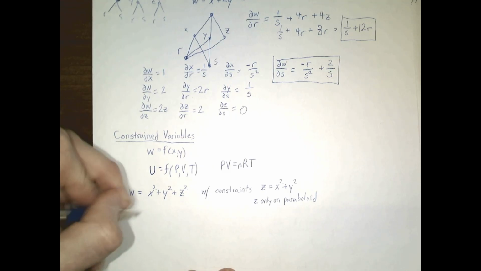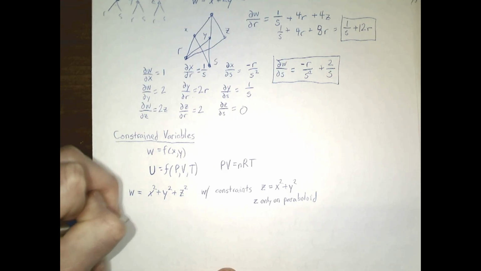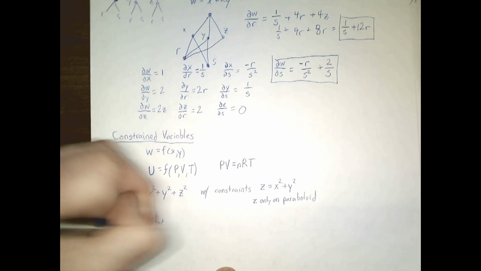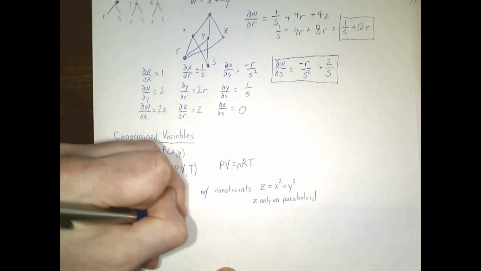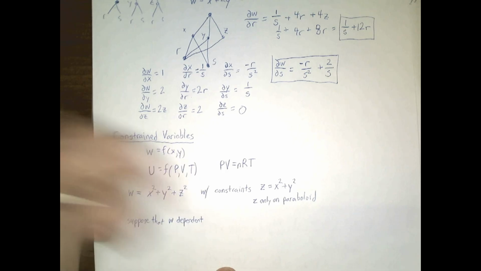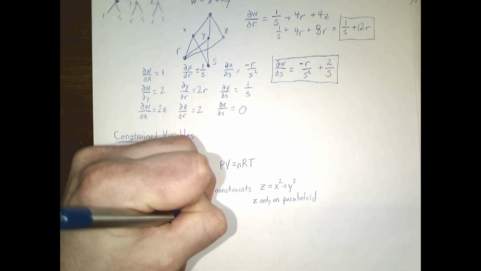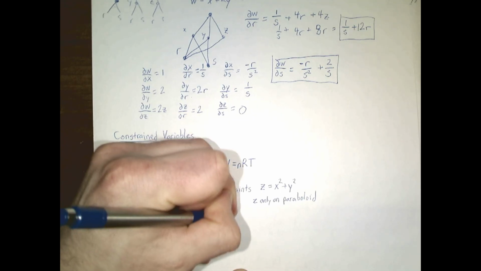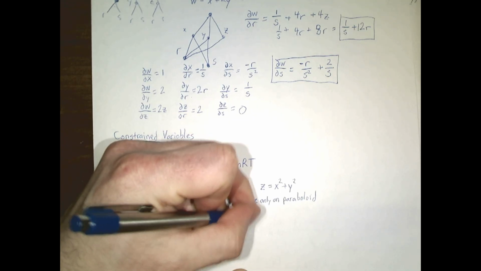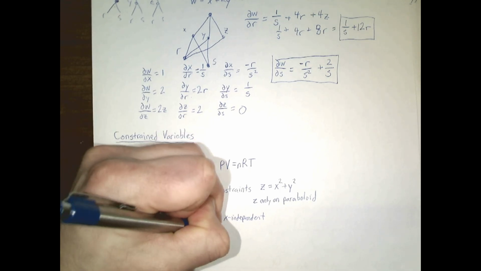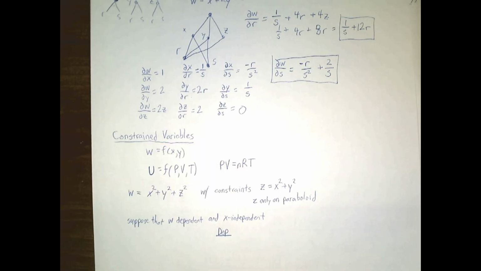So we're going to make a couple different choices. We're going to suppose that w depends on x, y, and z, but we're going to leave x as independent. So we can look at how different choices will affect the derivative.